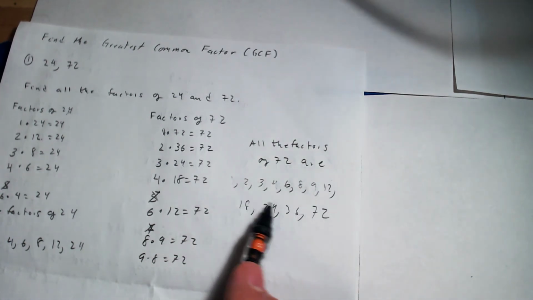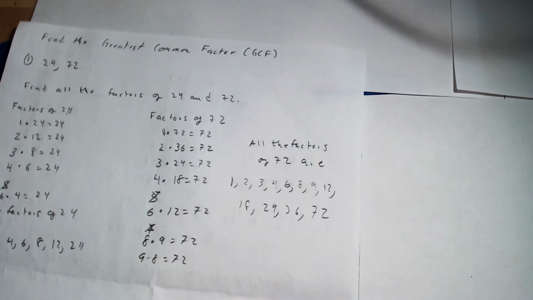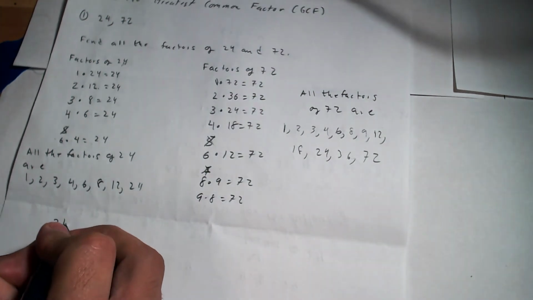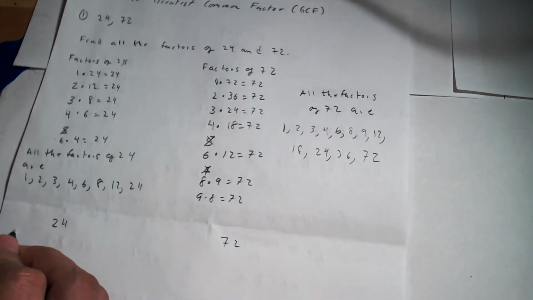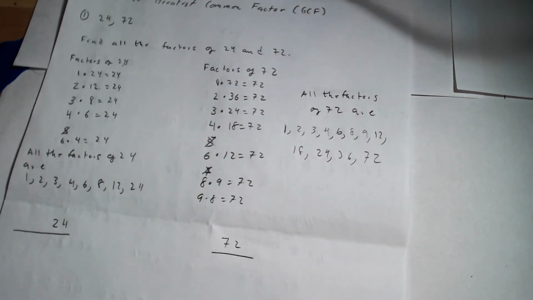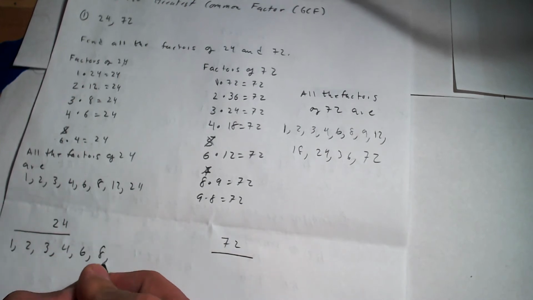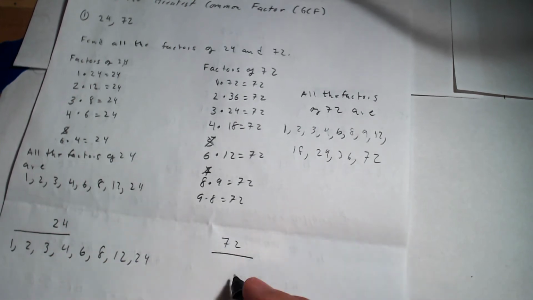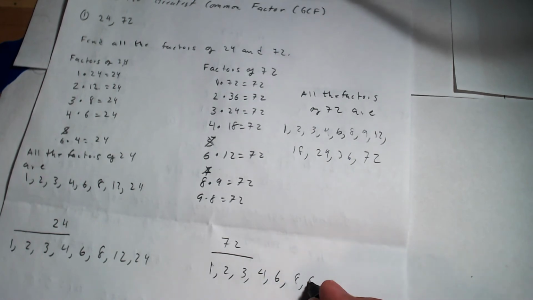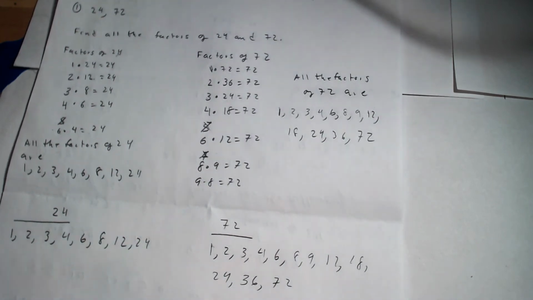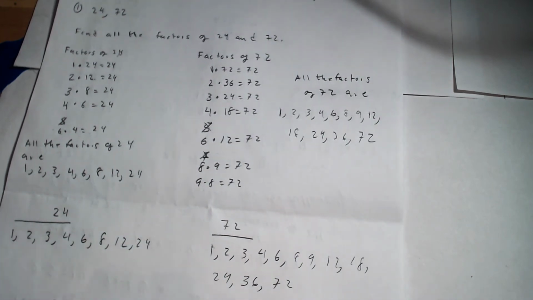Let me rewrite them here for 24 and for 72. For 24, it's 1, 2, 3, 4, 6, 8, 12, and 24. For 72, it's 1, 2, 3, 4, 6, 8, 9, 12, 18, 24, 36, and 72. Do they have any common factors?